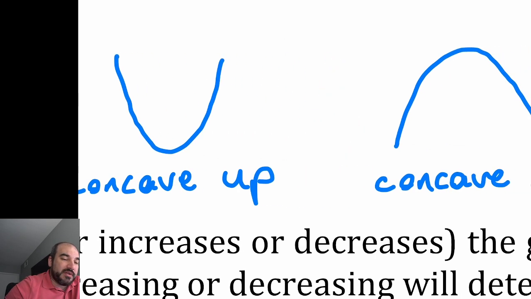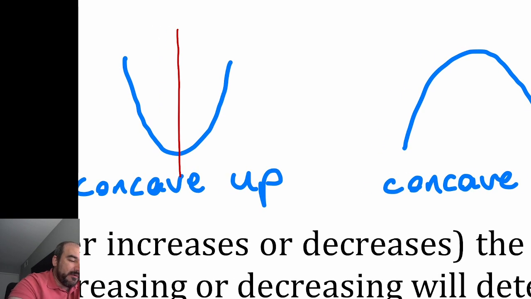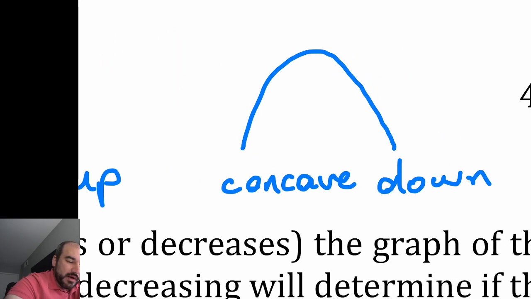Okay, same thing with this one. So maybe we should draw a line here and say both sides of this half are concave up, right? And then same thing with this one. Both halves of this upside down U are considered concave down.